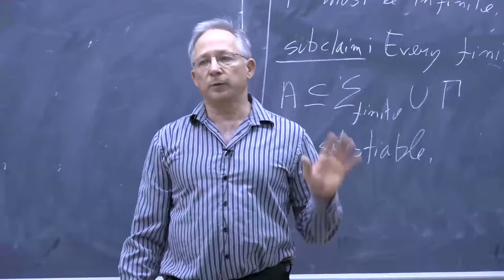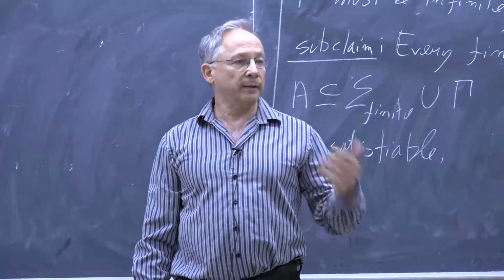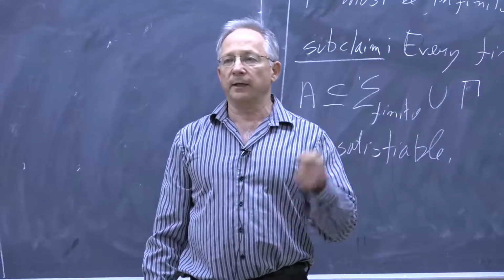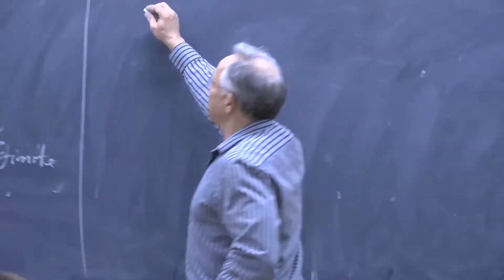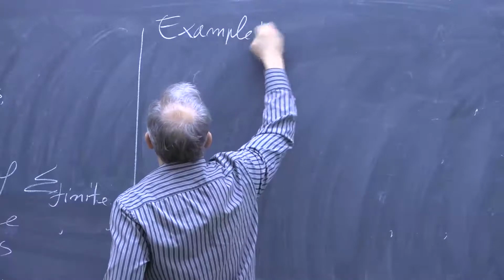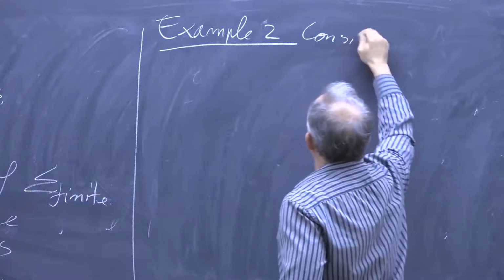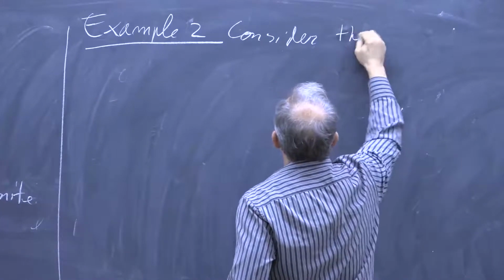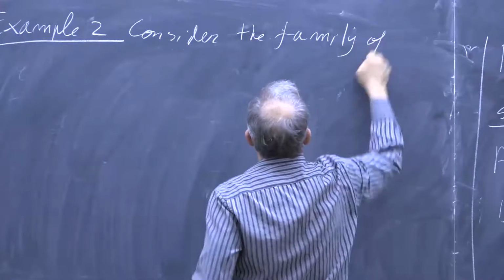So we have a language with one binary relation, and a structure for this language is a graph, where Rxy means there is an edge from x to y. Okay? So second example. Consider the family of graphs.